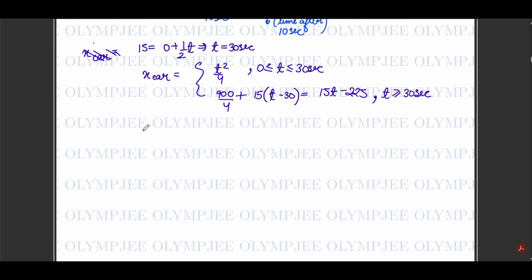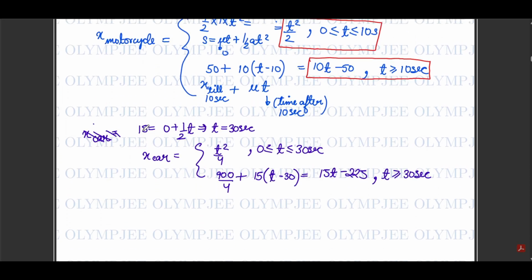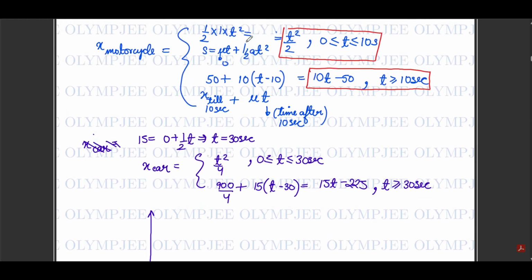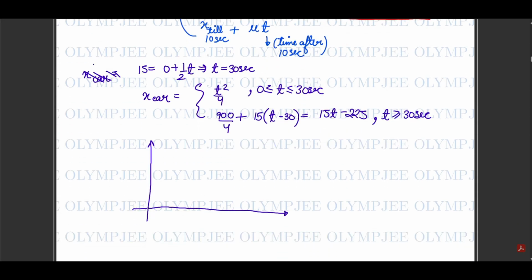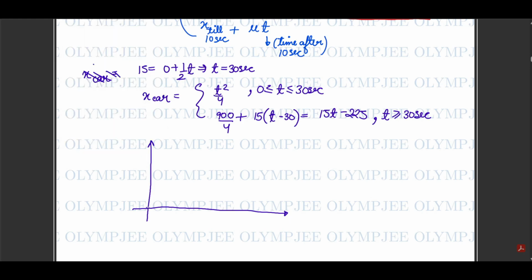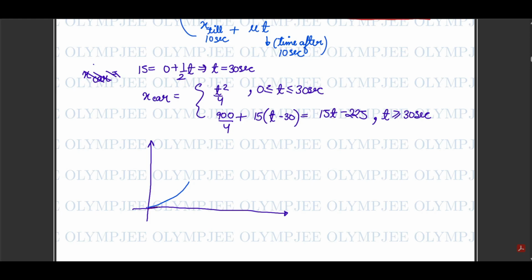Now we can find out when the two will meet by making a position versus time graph. Till 10 seconds, the motorcycle is moving as t square by 2, which is the equation of a parabola, and for car it is t square by 4.